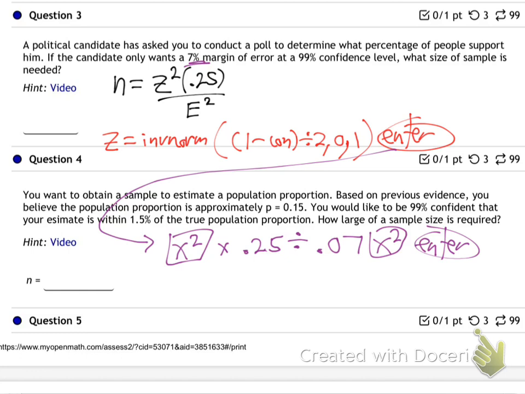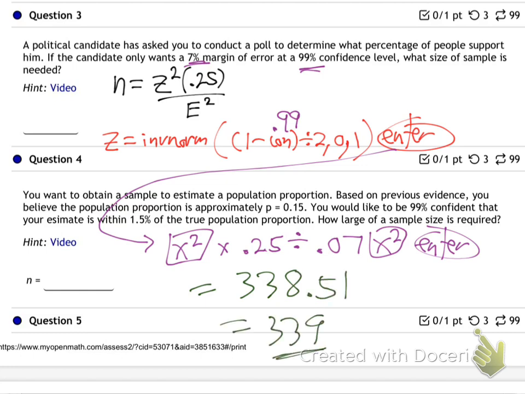Okay, so the confidence on this one is 0.99. I'm getting an answer on this one, 338.51, which rounds to 339. So you'd have to interview 339 people to be able to have 99% confidence that you've got the right answer within a 7% margin of error.